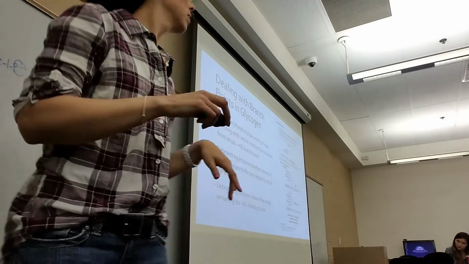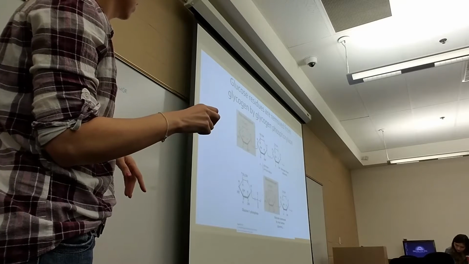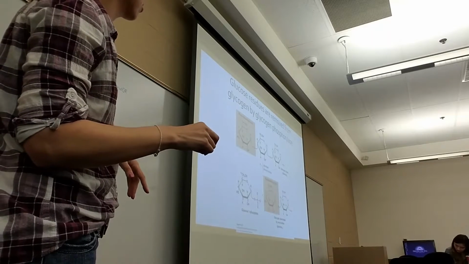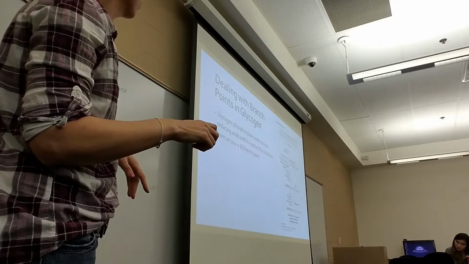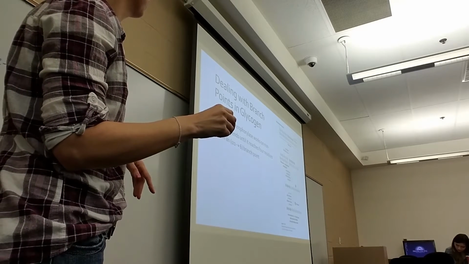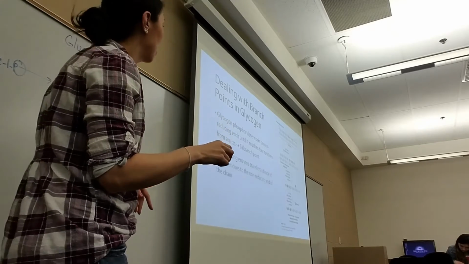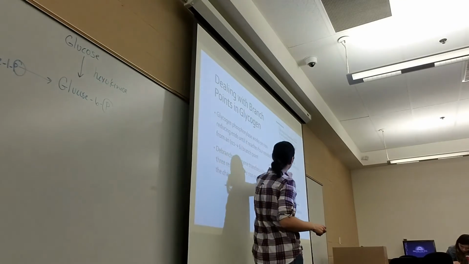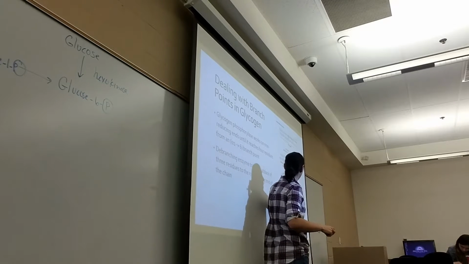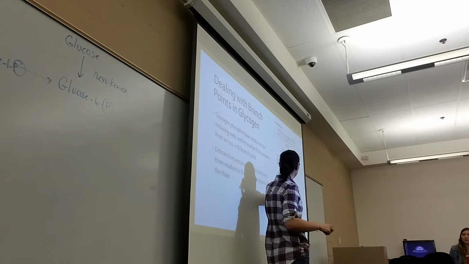Okay. So glycogen phosphorylase catalyzes this reaction up until it reaches 4 molecules before the branch point. The debranching enzyme is able to transfer those last 3 onto the end, creating a new non-reducing end for glycogen phosphorylase.